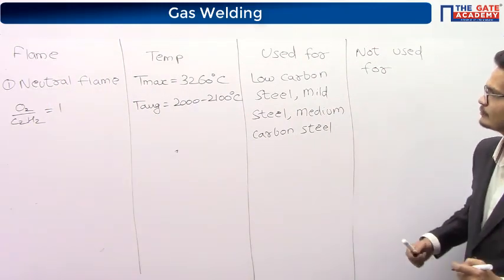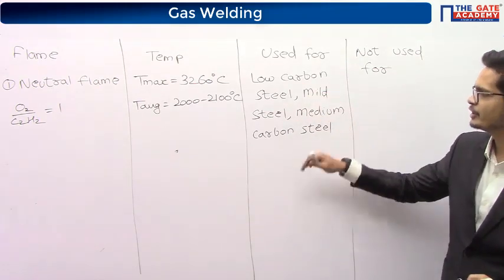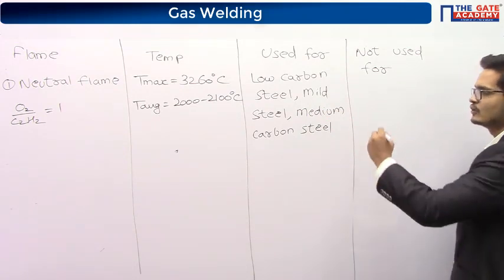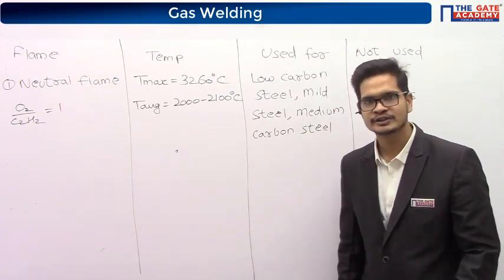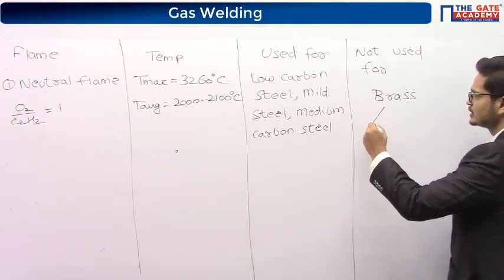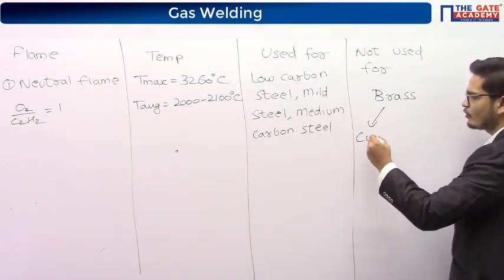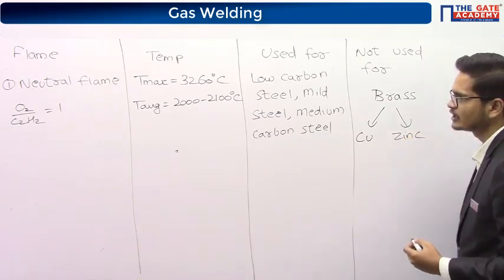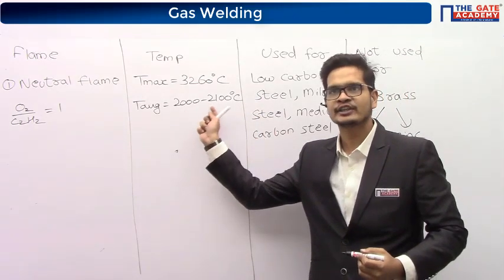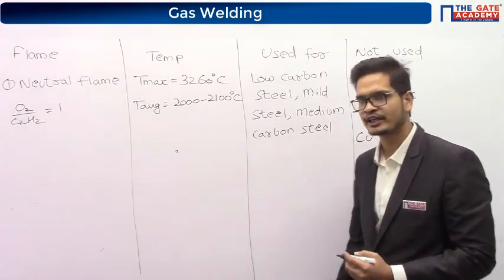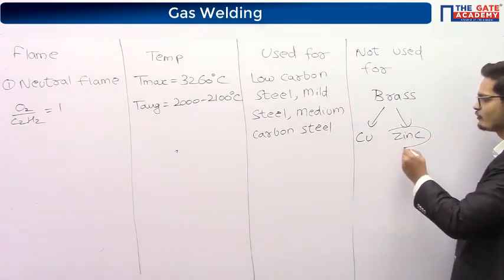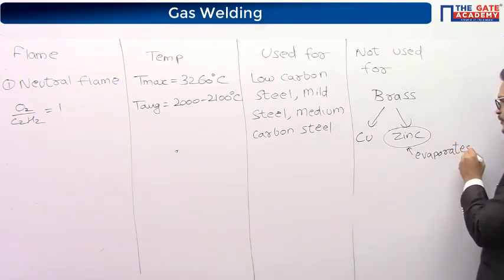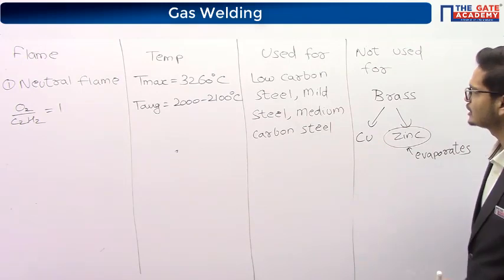Low carbon steel, mild steel, medium carbon steel. It is not used for welding of brass. The reason is that brass is an alloy of copper and zinc, and at this much high temperature the zinc evaporates, leaving behind just copper.